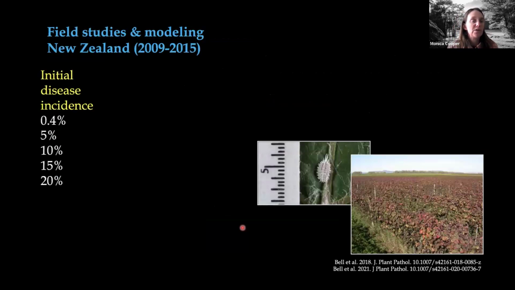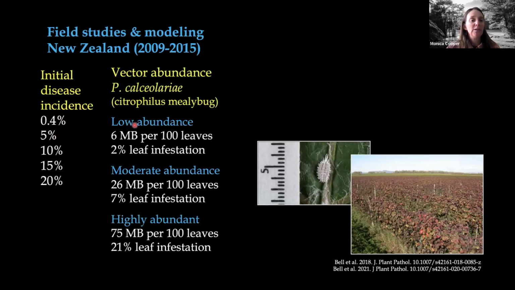And so let's talk about some of the field studies and modeling that go into decision making. There's some nice work that came out of New Zealand by Vaughan Bell. He looked at 5 different disease incidence categories, and 3 different mealybug abundances across those categories. He did that in both field studies, so he had actual data, and then he also did some modeling based on the data from the field studies.